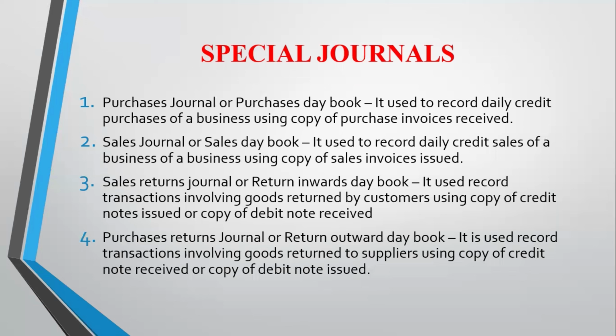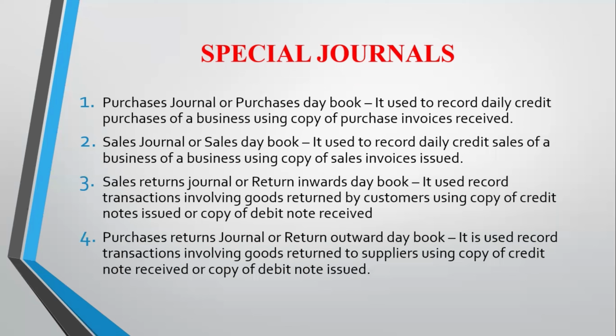We have the returns journal, or the returns outwards day book. It is used to record transactions involving goods returned to suppliers, using a copy of credit notes received or a copy of debit notes issued. So this time it is the business that has purchased goods from suppliers.